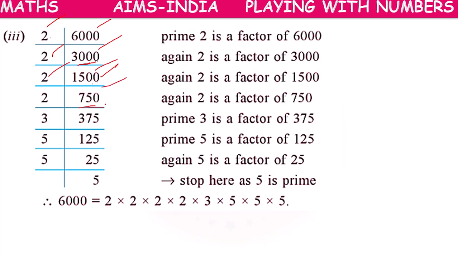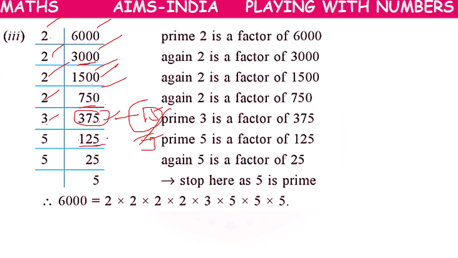Units place again 0, divisible by 2, 375. So 3 plus 7, 10, 10 plus 5, 15. The sum of all the digits is 15, which is divisible by 3. So the number is divisible by 3 according to divisibility rules. So 3 1 is 3, 3 2 times 6, 1 remaining 15, 3 5 times 125.